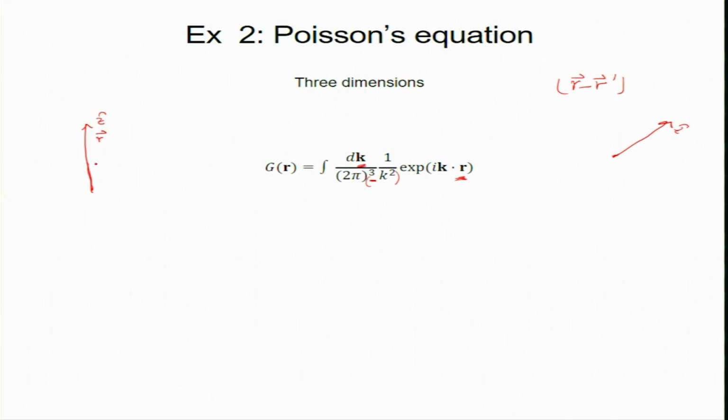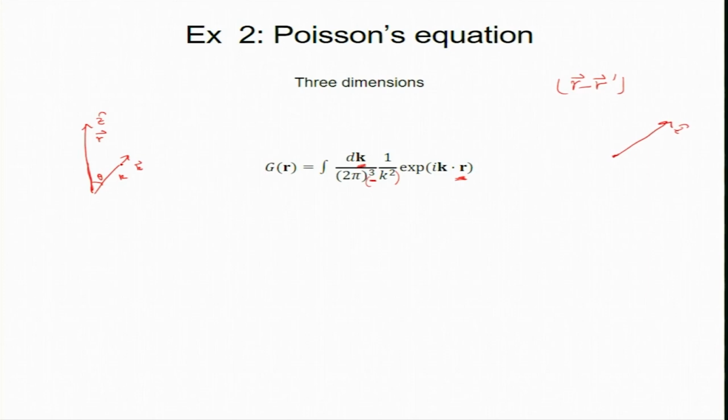Now k is of course varying. So my k vector can be anywhere, and this angle is theta. So we will use the spherical coordinate system. The magnitude is k, and d theta d phi. So k is varying on a sphere.